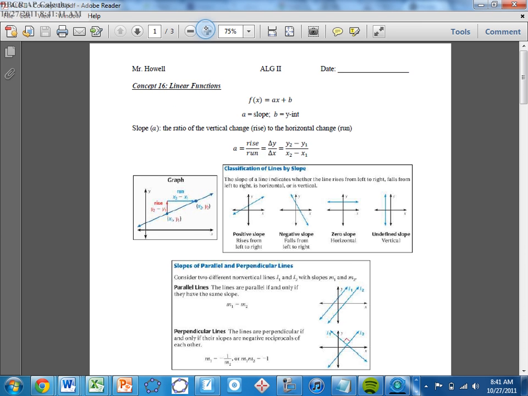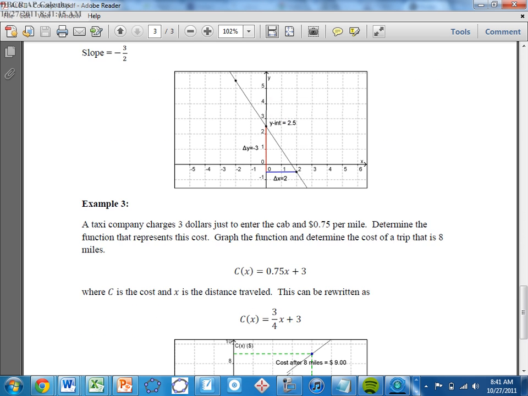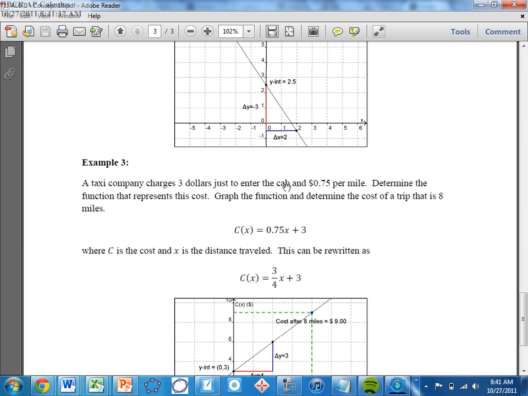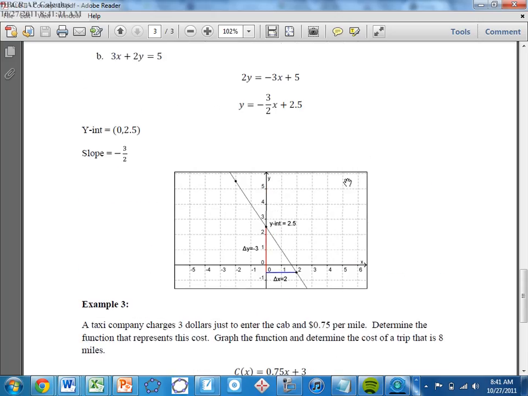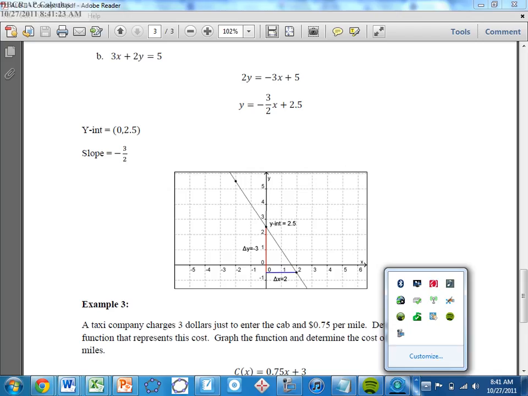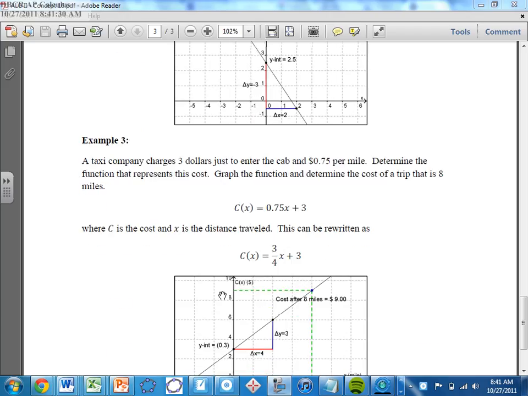Boink. Back to you. Shoot. Where's my stuff here? Boink.